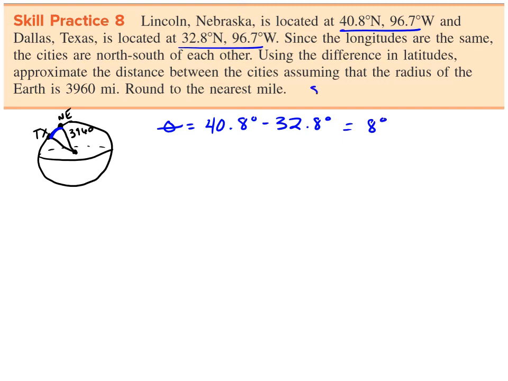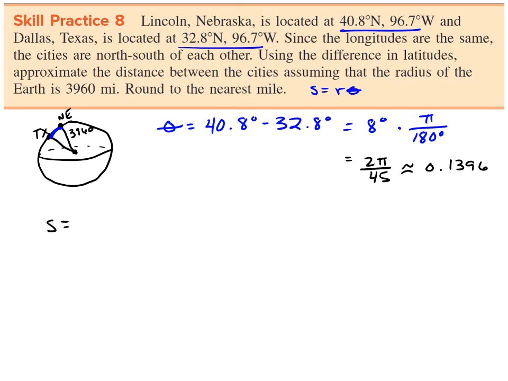Well, we know that S is equal to R theta, but theta needs to be measured in radians, and we have degrees. So I'm going to multiply this by pi over 180 degrees. When I simplify this, I get 2 pi over 45, which is approximately 0.1396 radians.